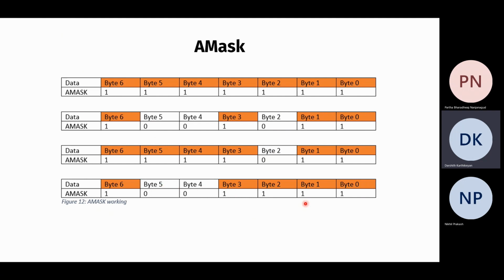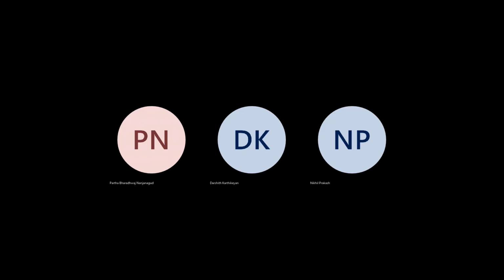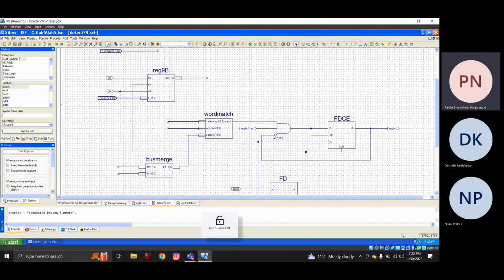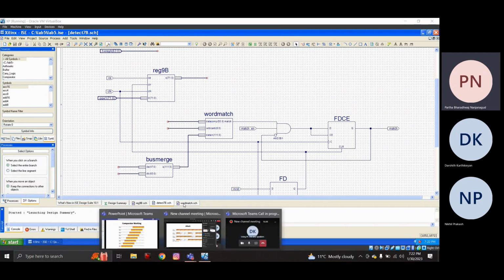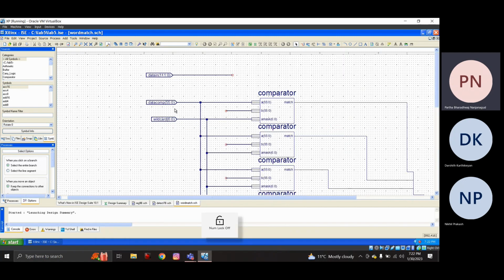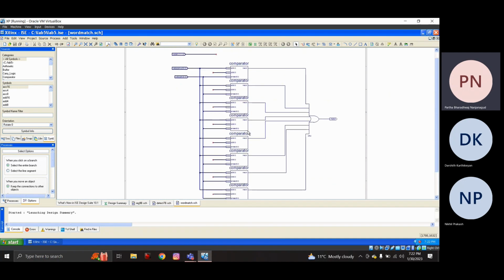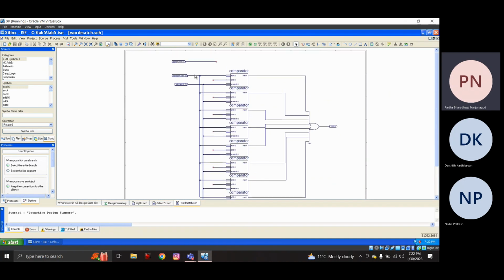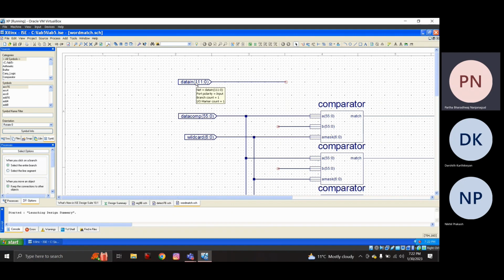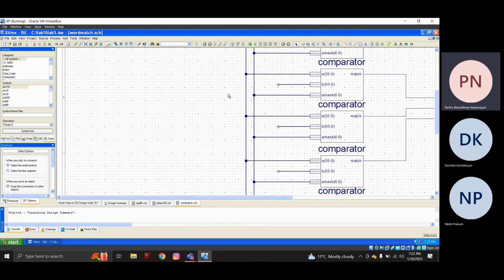The next part of the demo will be completed by my teammate Partha. Hello guys, as my teammate said, now we'll be concentrating on the word match part. As you can see here, we have 7 bytes of comparators, and there are 112 bits of data input.